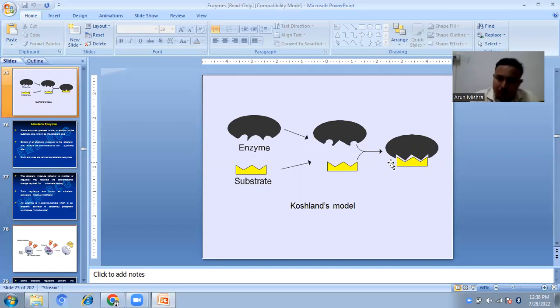There are two theories for enzyme substrate interaction. First being the lock and key model of Fischer, which is a rigid model, and the next one is Koshland's conformational change model.